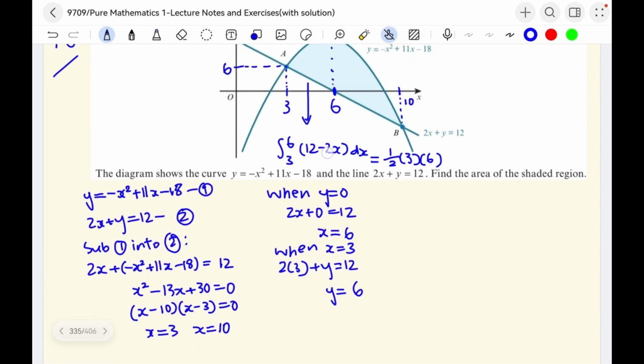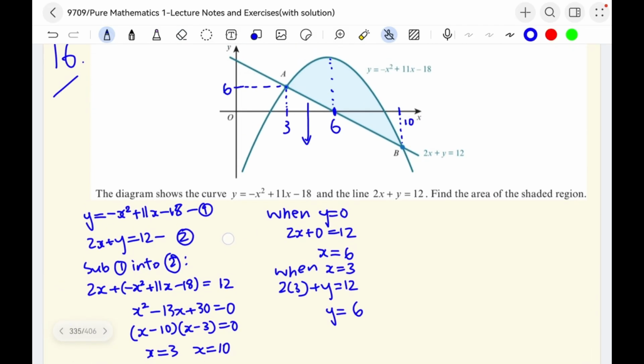Of course, we can try to integrate that. This is 12x minus x squared. You can try to substitute and see. You should get the same value. But we don't have to do that because it's kind of wasting our time.